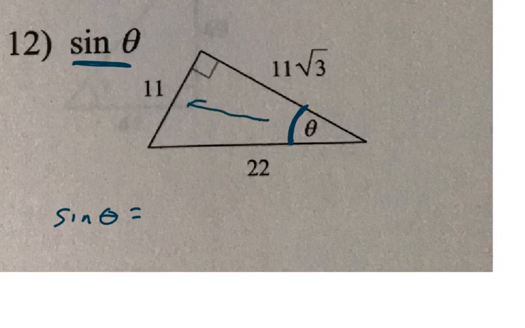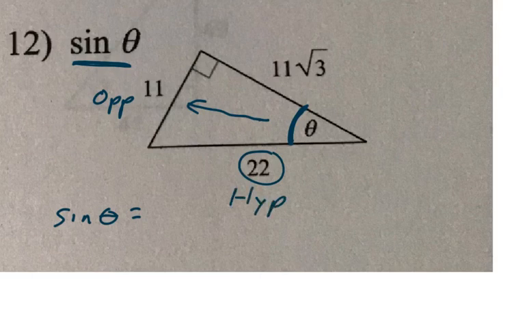Again, notice how 11 is on the opposite side. 22, if you look at it, is the longest side. That's the hypotenuse. And 11 square root of 3, notice, is right next to theta. That's the adjacent side. So mark the angle, label your sides. If you don't get in the habit of doing this, you're going to screw this up a lot.